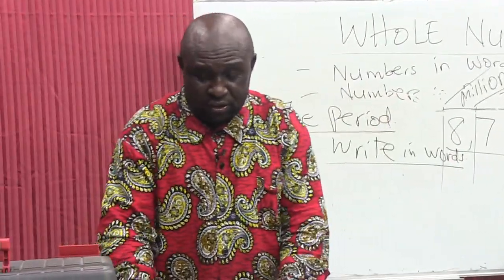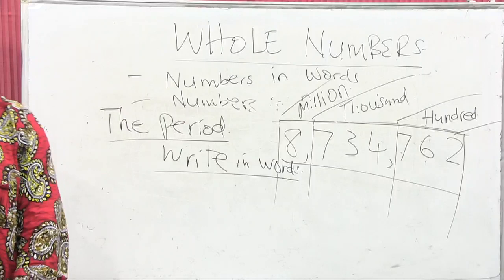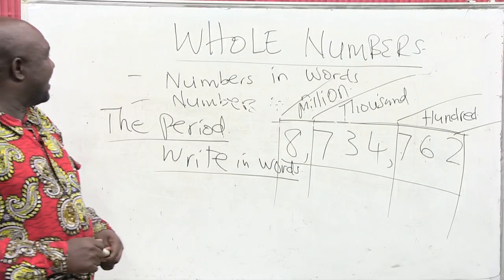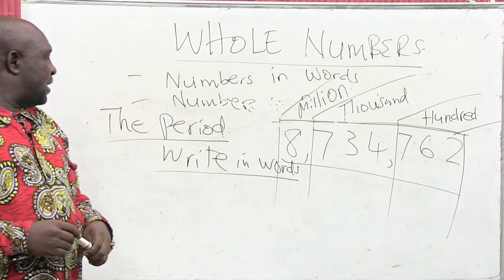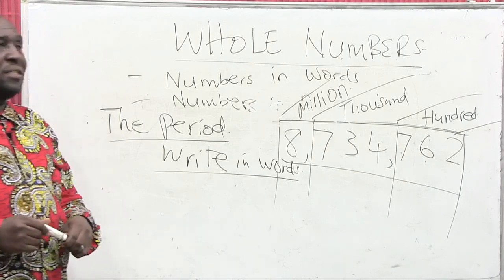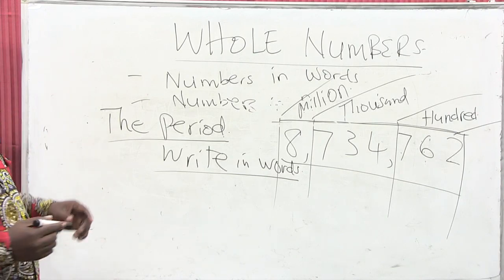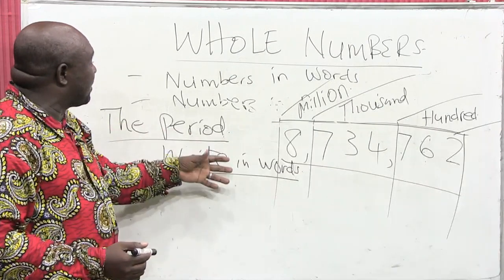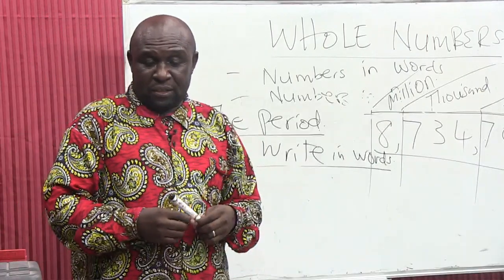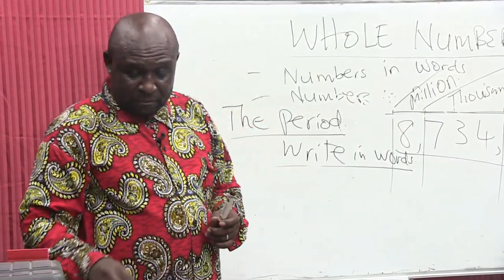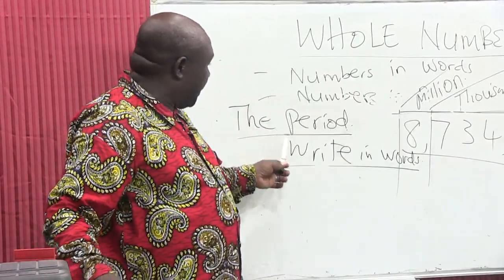And these periods help us to read and write the whole numbers. You read and write the numbers in words. And if you are given the numbers in words, then you can write them in numerals after understanding the concept of the period.